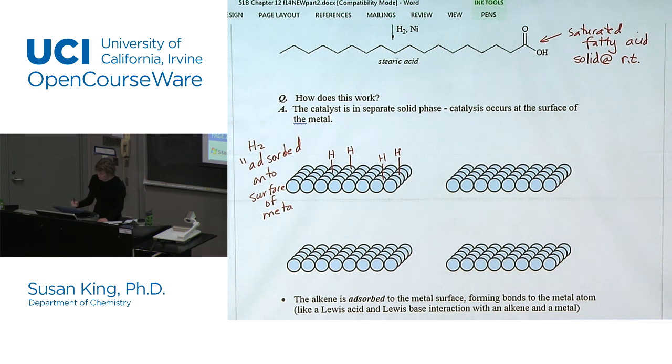And then what happens is we've got this hydrogen adsorbed. Let's continue with these here. The alkene moves in. I'm going to tilt this alkene on its side. Let me just wedge that, or dash that.